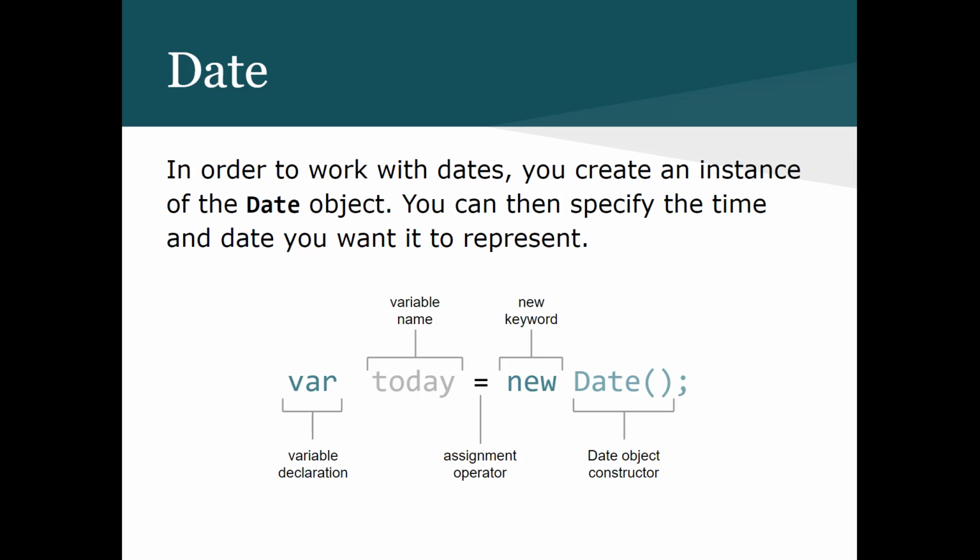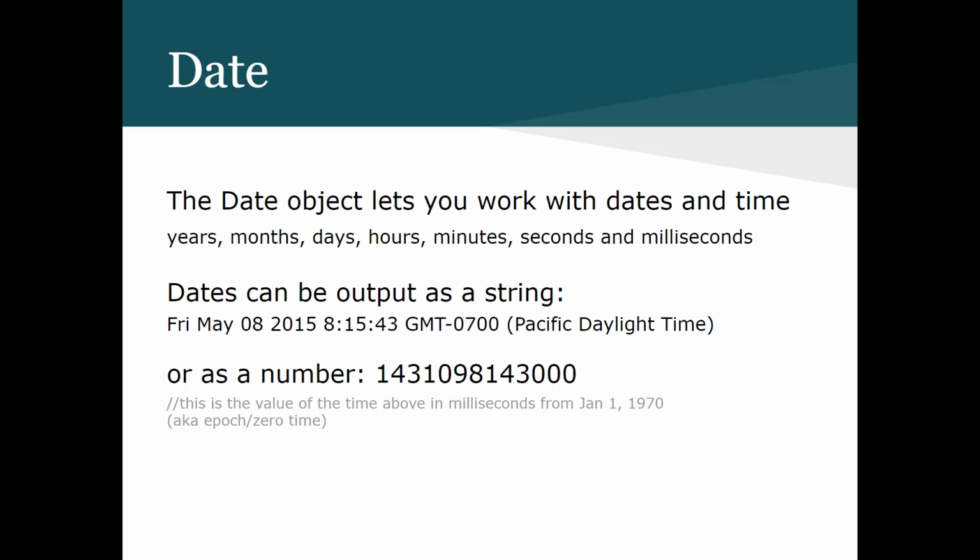Please note that the current date and time value in JavaScript is determined by your computer's clock. The purpose of the date object is to let you work with dates and time. That would be years, months, days, hours, minutes, seconds, and milliseconds.